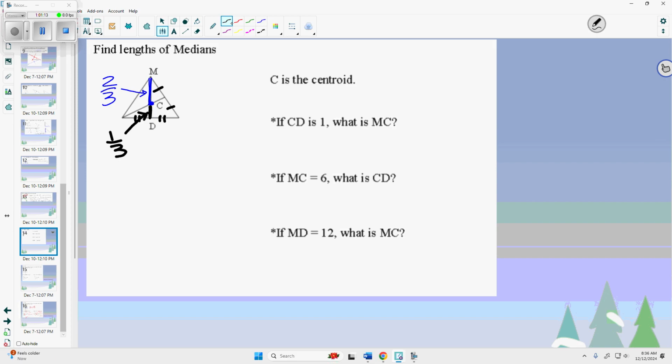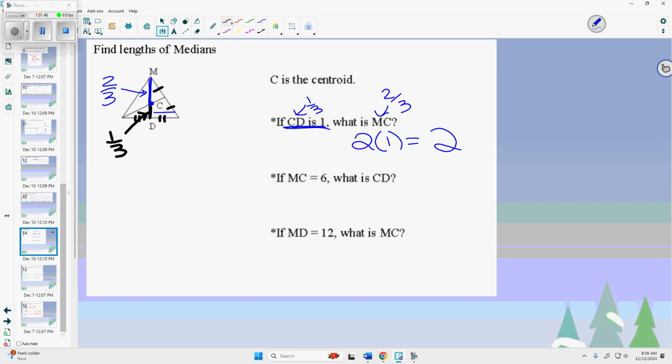In my statement, CD is 1, so it's the 1/3 part. What's MC? MC, we said, was the 2/3 part. If the 1/3 part is 1, how would I figure out the 2/3 part? It's 2. You just take the 1/3 times 2. So MC is 2.